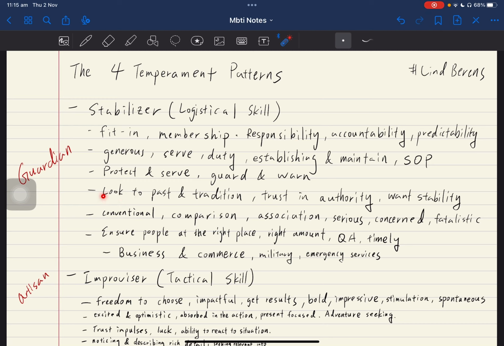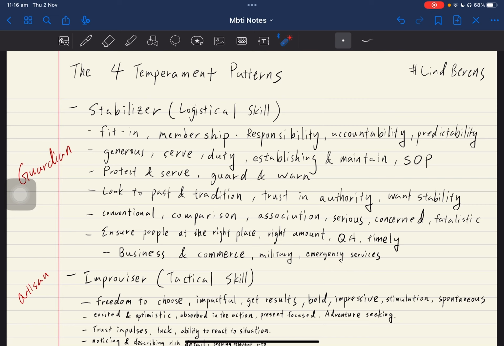They look to the past and tradition, trust in authority, want stability, conventional, comparison, association, a bit serious, a very stern kind of personality, concerned, fatalistic sometimes, ensuring people are at the right place in the right amount, quality assurance and timely, so business, commerce, military, emergency services.